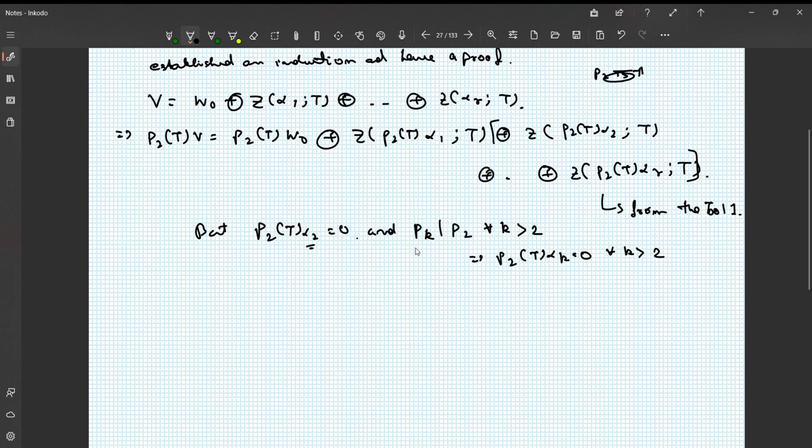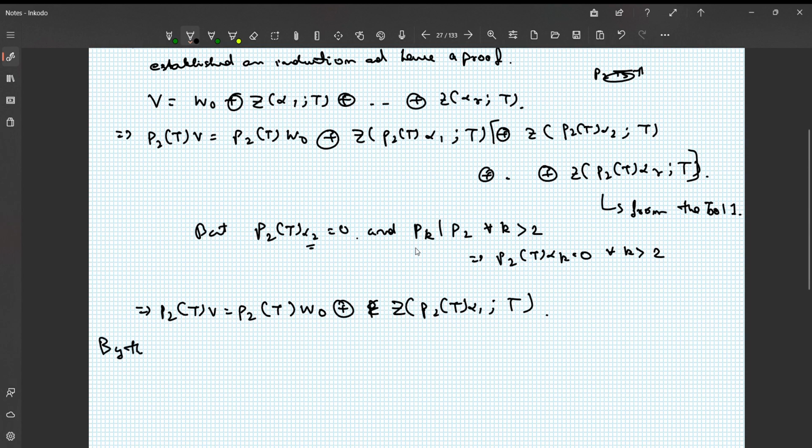So that means this part completely vanishes, because the T-cyclic subspace generated by the 0 element is simply the 0 subspace, right? So that implies P2(T) V is same as P2(T) of W naught, direct sum the T-cyclic subspace generated by P2(T) alpha 1. Is it clear?